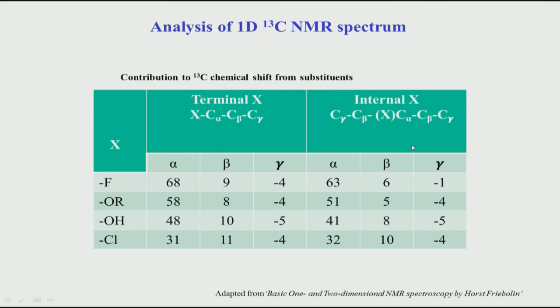For that you have to look at this side: the effect of fluorine is 6 ppm, whereas the effect of fluorine on the directly attached carbon is very high, 63 ppm. So, you see this is the inductive effect. The moment you go to the next carbon, it dies down rapidly, and if you go further away, the fluorine has even lesser effect. So, these are the values which we have to add to the base value.